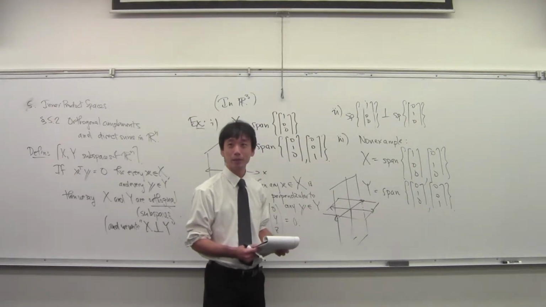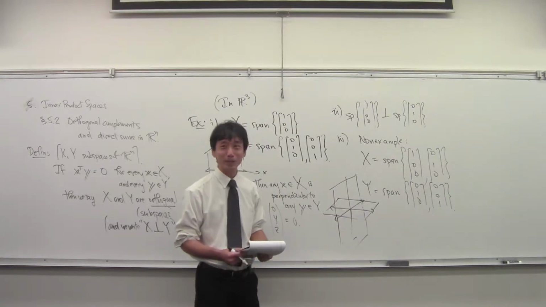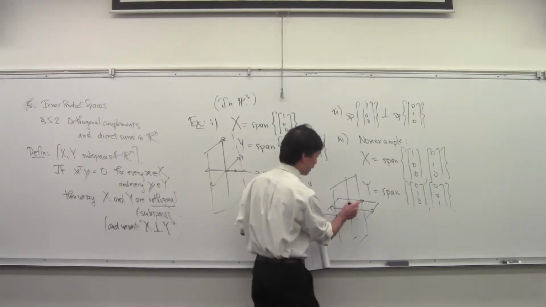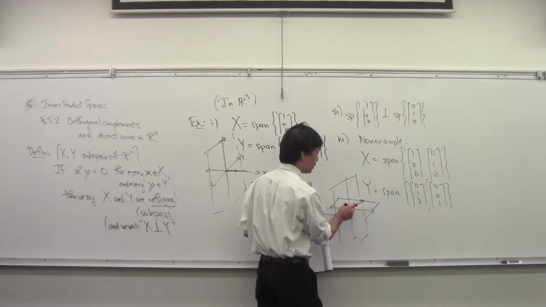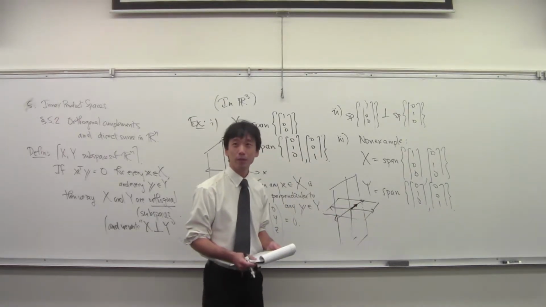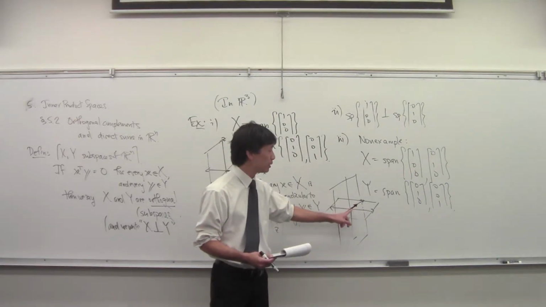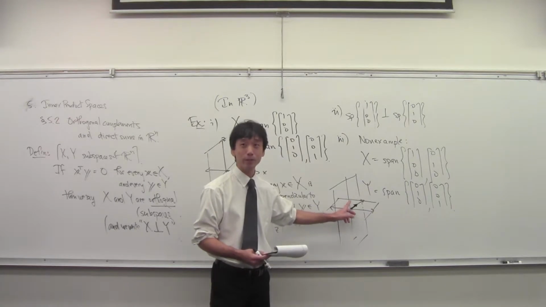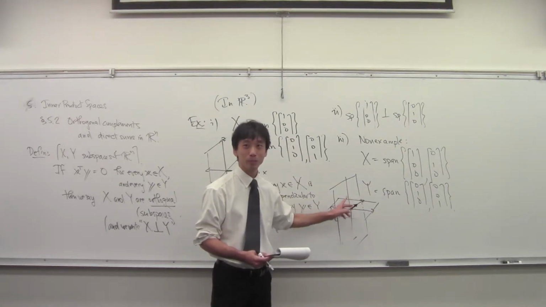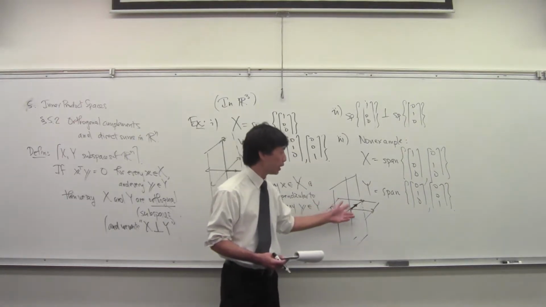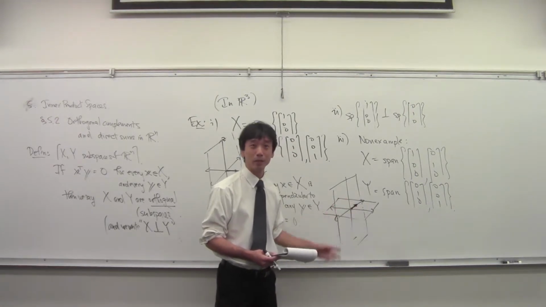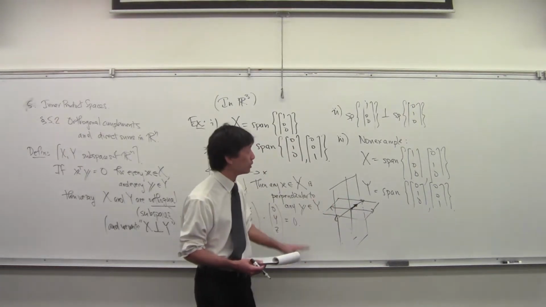Yes, (0, 1, 0) and (0, 1, 0). This vector is in both spaces, and it's not perpendicular to itself. If you take the dot product of it against itself, you get 1. So this is not an example.